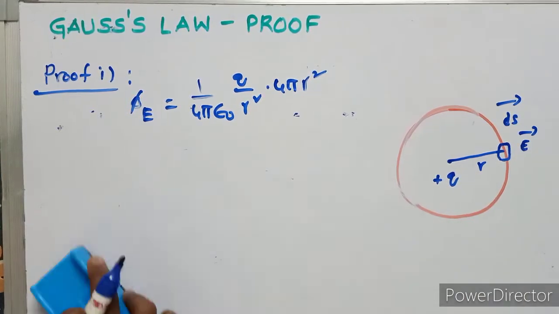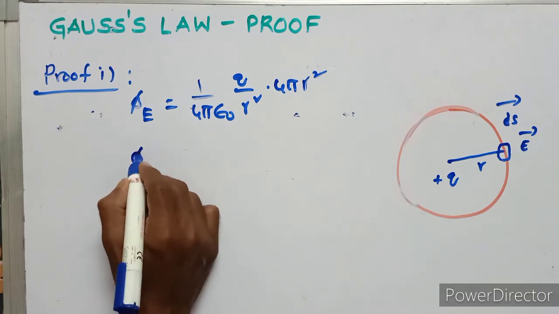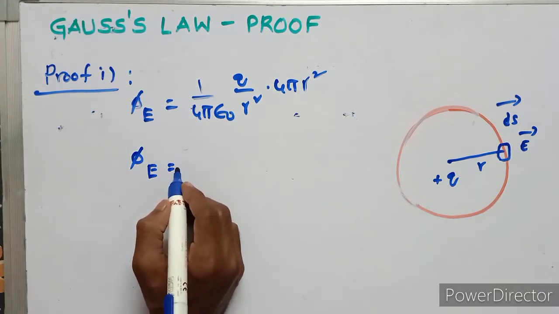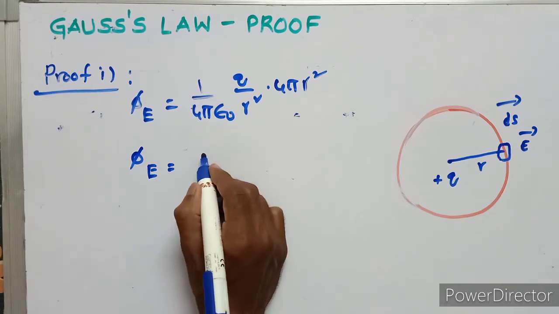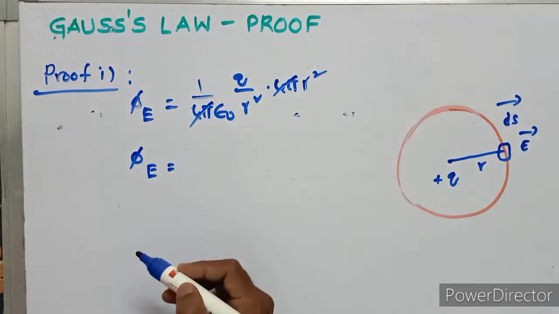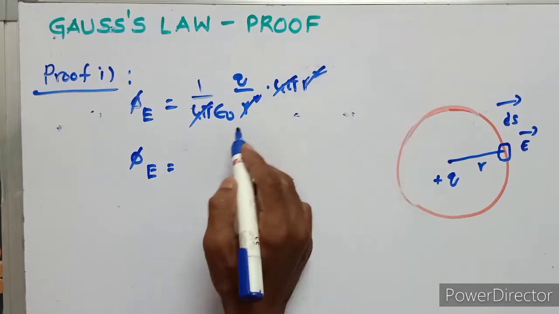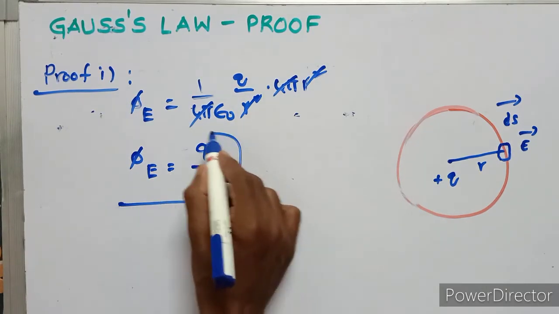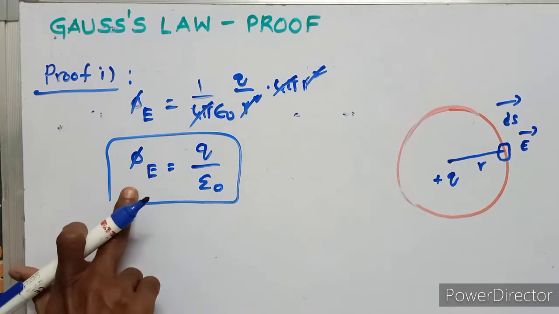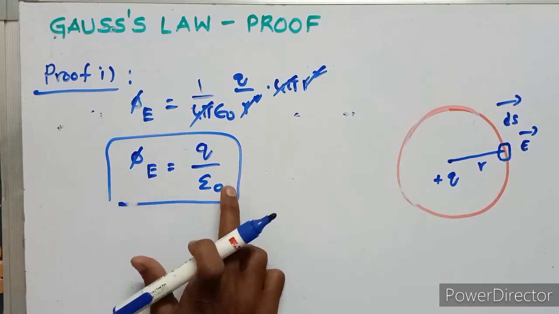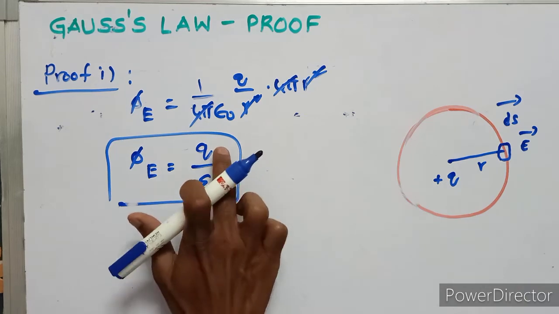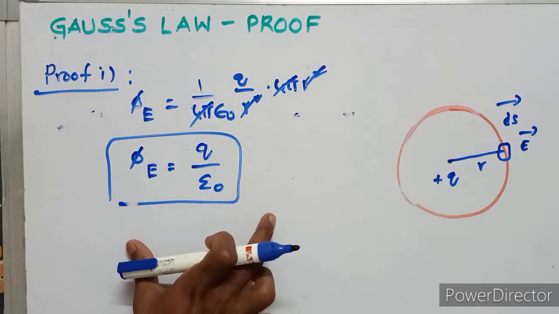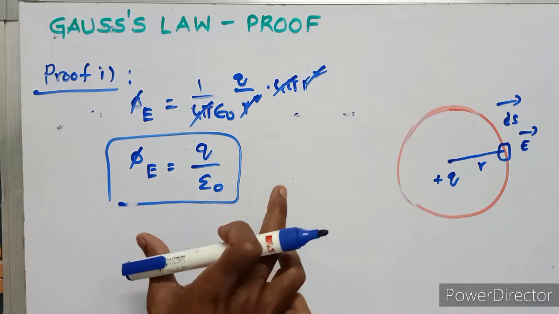Then the electric flux phi suffix E: 4 pi cancels, r square cancels, and what remains is q upon epsilon naught. This is the total electric flux, equal to 1 upon epsilon naught times the net charge. Hence Gauss's law is proved. This is the first proof.